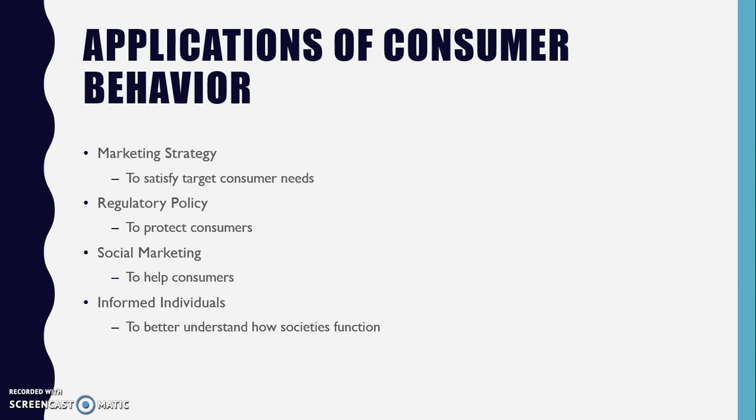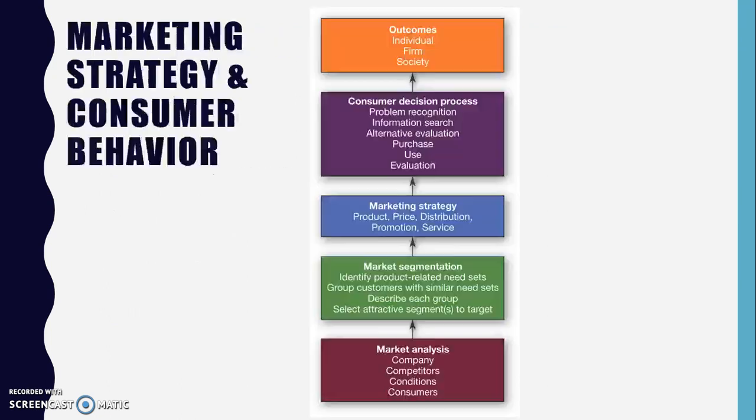So the alcohol companies have to create a selective marketing strategy and inform individuals that every product contains how many percent of alcohol. So the consumer will get information about the products. So this is the overall application of consumer behavior.